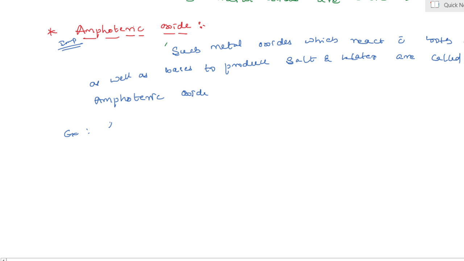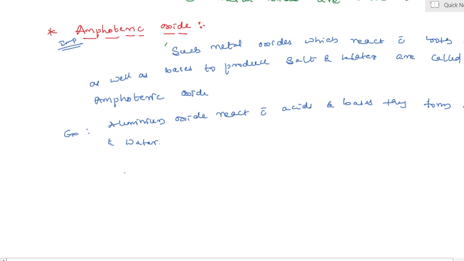Example, aluminum oxide reacts with acids and bases, and forms salt and water.